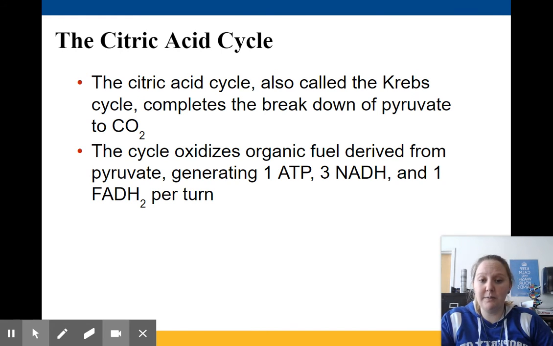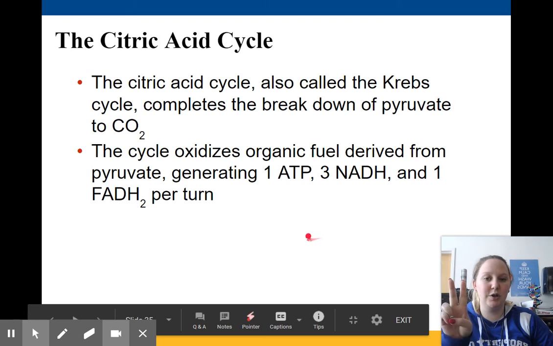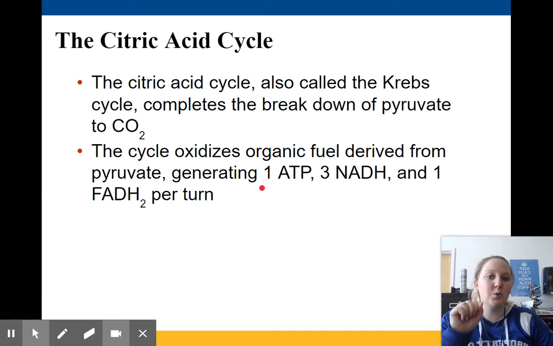But you have to remember, we made 2 molecules of pyruvate from 1 molecule of glucose. So 1 pyruvate enters at a time, makes 1 ATP, 3 NADH, and 1 FADH2. That then starts over again for that second molecule of pyruvate.